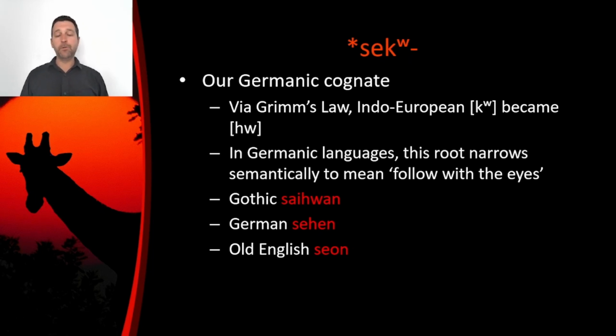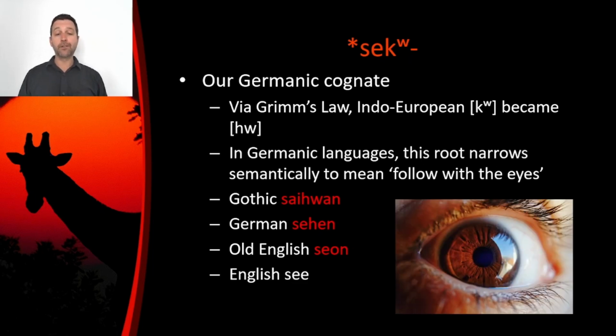I'm just going to go ahead and tell you, if you haven't guessed what this word is yet in English, chop off the last syllable from Old English and then just pronounce the first part, say. Make it a long say, and then you're going to have to apply the Great Vowel Shift to that long vowel E, say, that changed about 500 years ago to, that's right, C. Our word see comes from the Indo-European root sekw, again, with the fundamental meaning of to follow with the eyes.